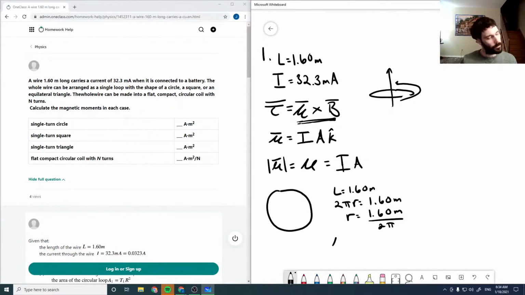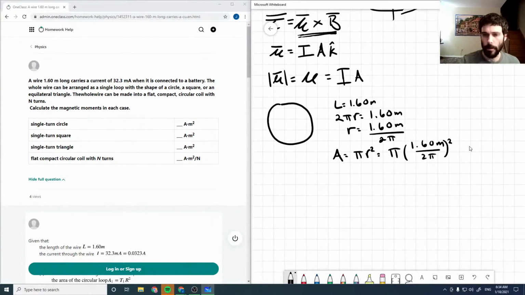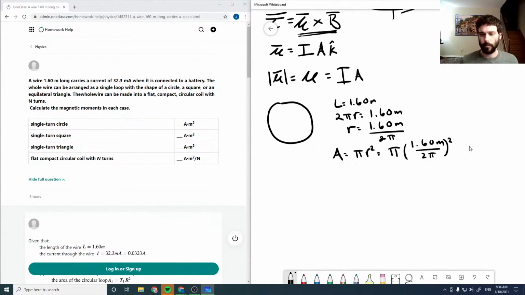And so its area is pi r squared, which is pi times (1.60 meters over 2 pi) squared. If we do it all out, it comes to be 0.204 meters squared.